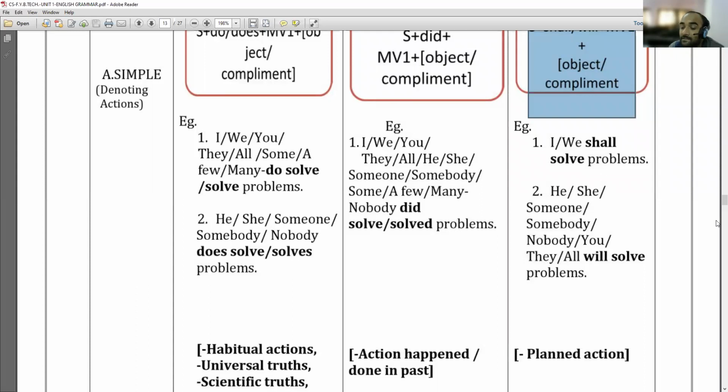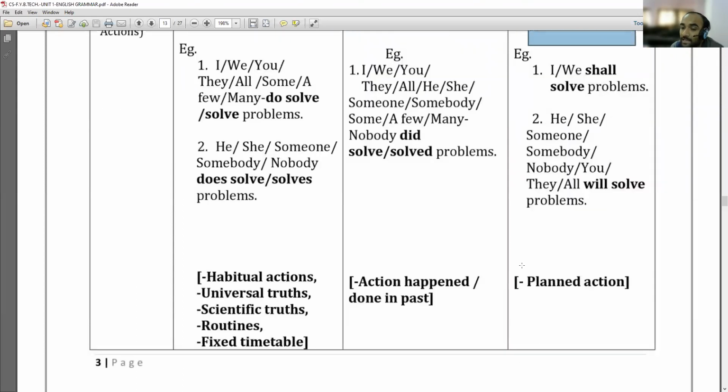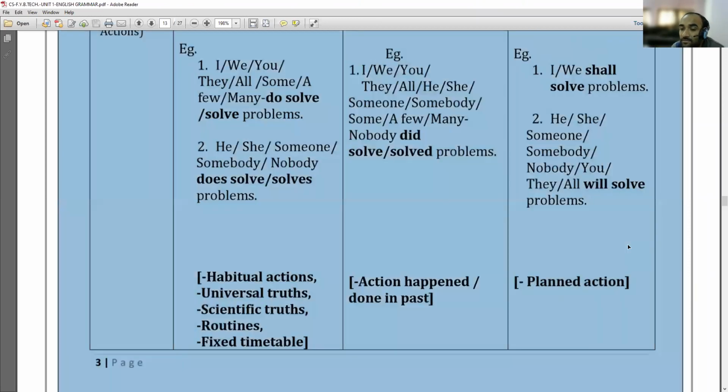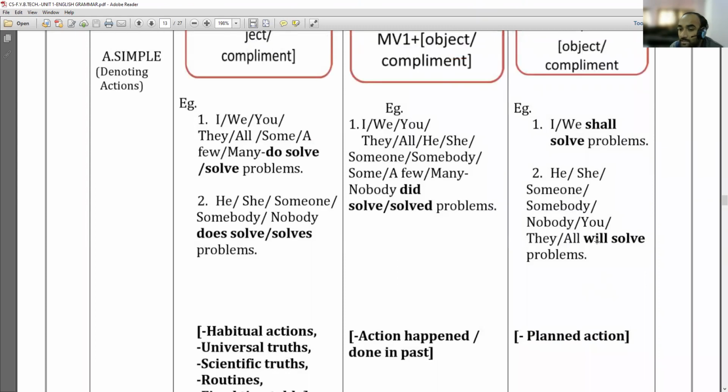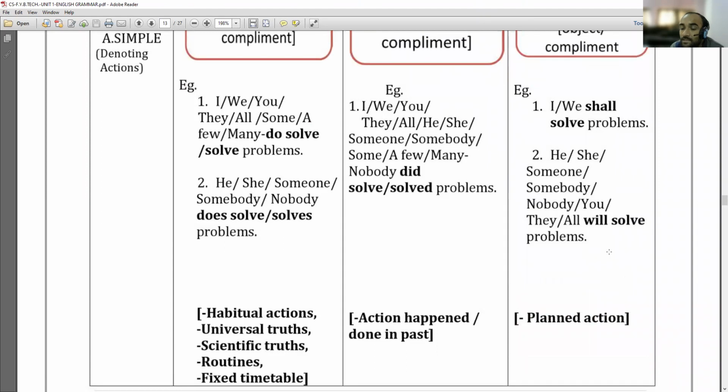Whatever the planned actions, for showing the planned actions we use simple future tense or verb of future tense. I shall solve problems. मी प्रश्न सोडवेन.